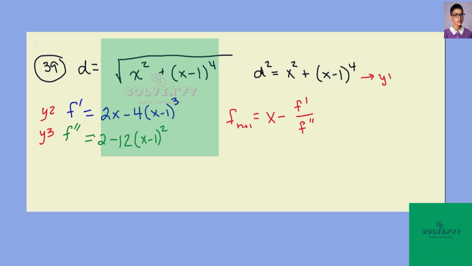This is going to be my y4, which is really my x minus y2 over y3 in my graphing calculator.